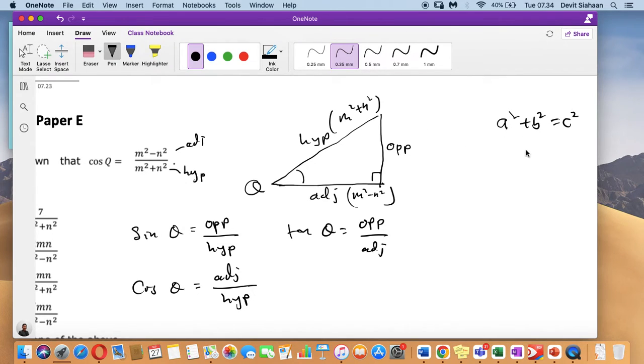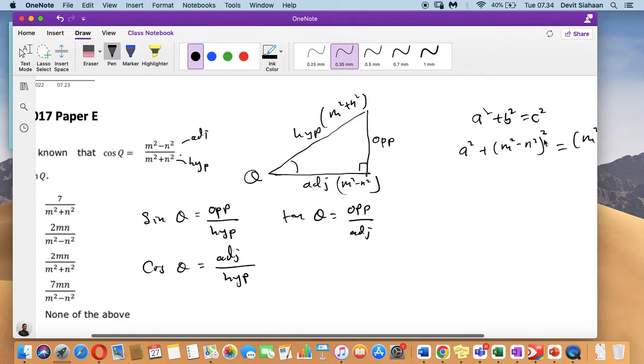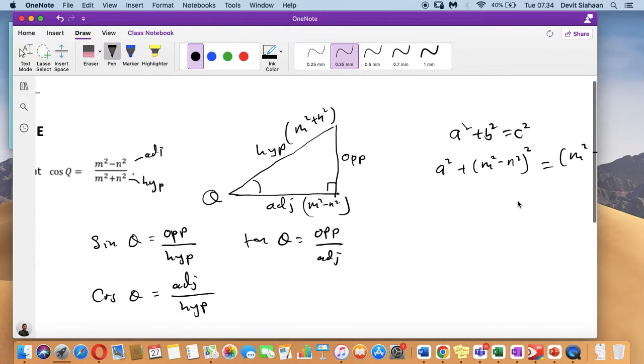So we assume a is the opposite and b is the adjacent, so a square plus m square minus n square to the power of 2 equals m square plus n square to the power of 2.